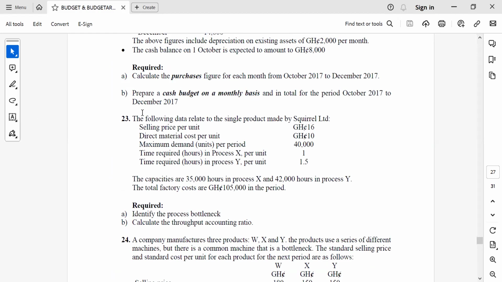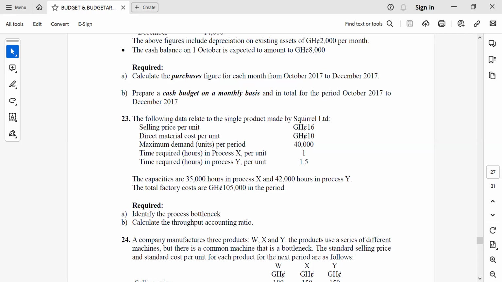Question 23. Who is taking that for us? I read: the following data relate to the single product made by Spiral Limited. Selling price per unit, 16 Ghana cedis. Direct material cost per unit, 10 Ghana cedis.